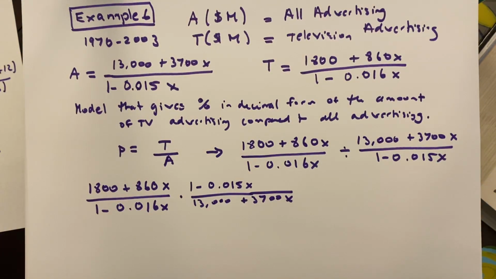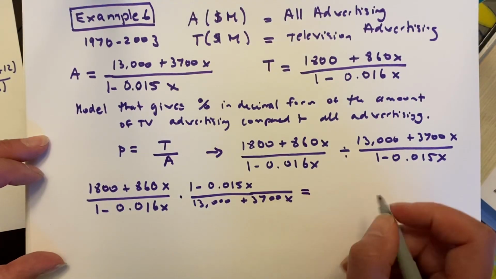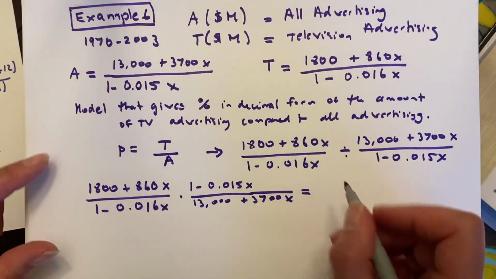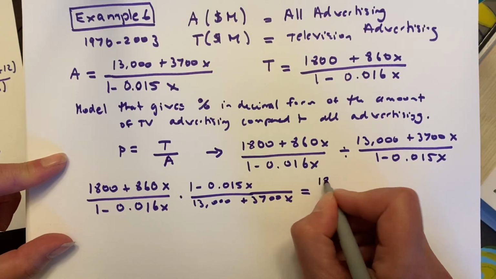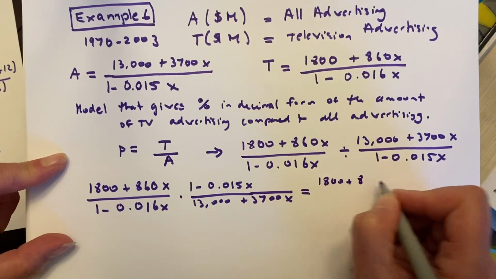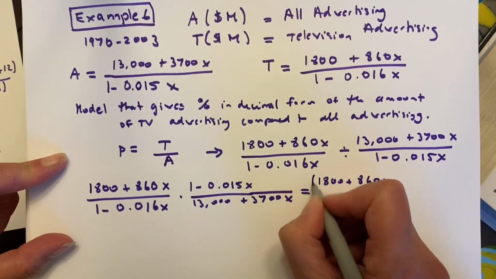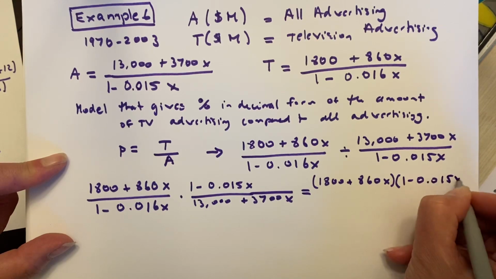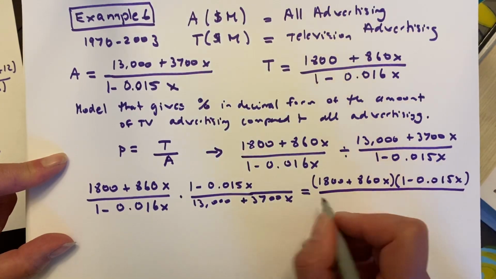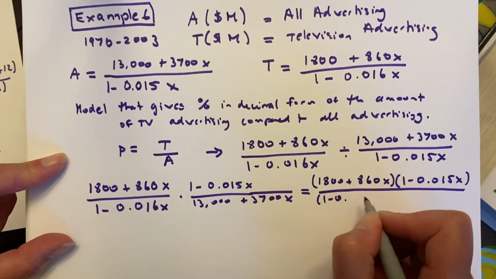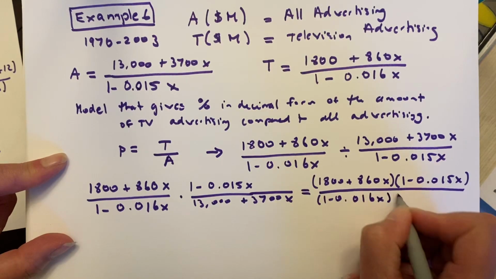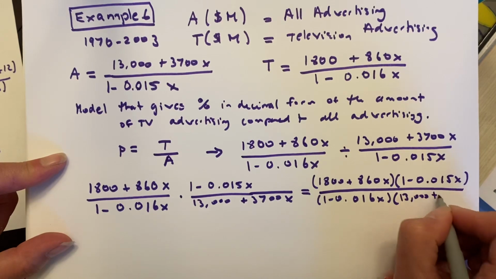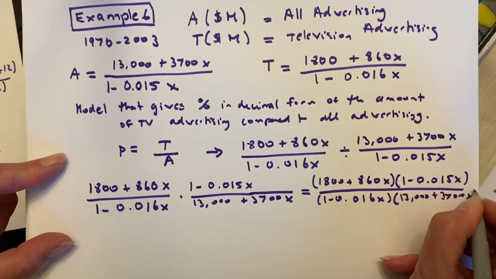And we combine this all in one big fraction where we have (1800 + 860x) times (1 − 0.015x) over (1 − 0.016x) times (13,000 + 3,700x).